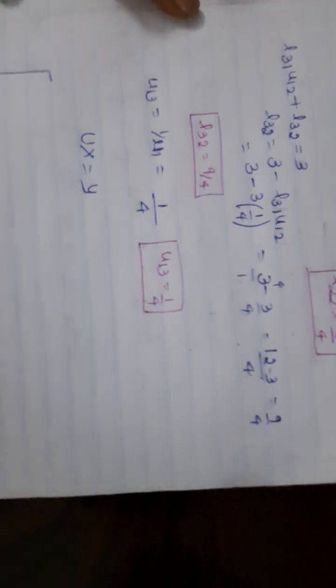So from here, you know that your U is 1, 1 over 4, 1 over 4. So these are the calculated values: 0, 1, negative 3 by 5, 0, 0, 1.